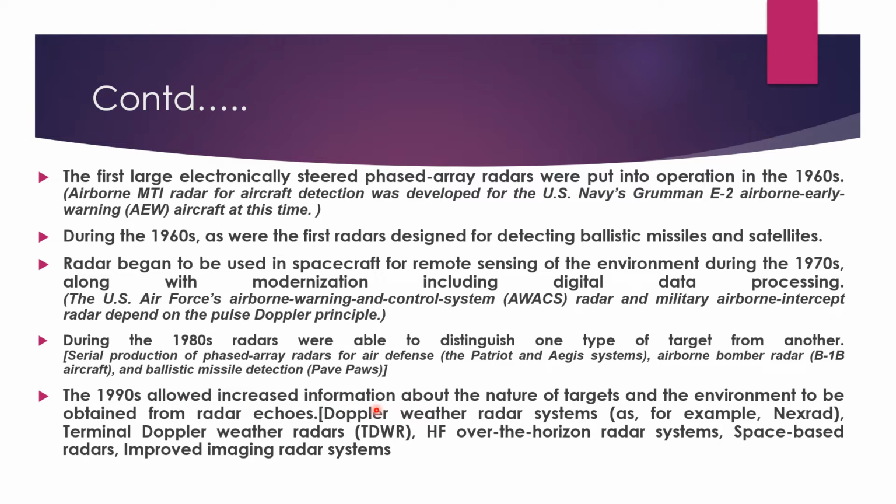We get increased information about the nature of the target and the environment, which can be obtained from the radar echoes. So both the nature of the target and the nature of the environment we are able to obtain from the radar echoes. And these are some of the radar examples I have given here, like the Doppler weather radar.